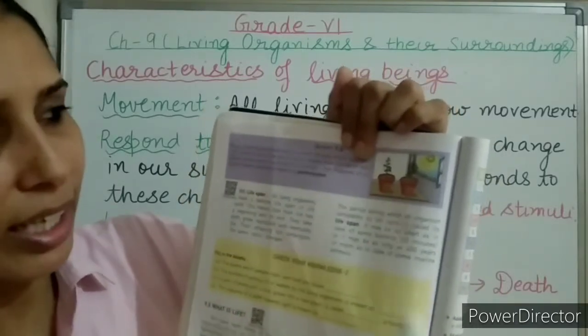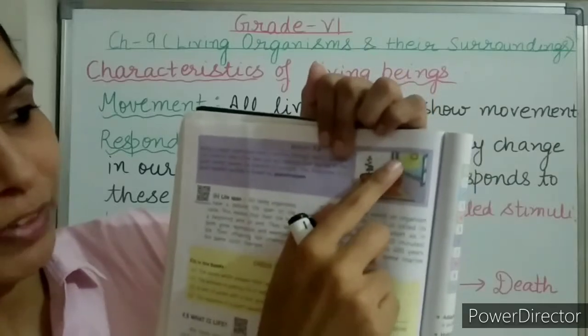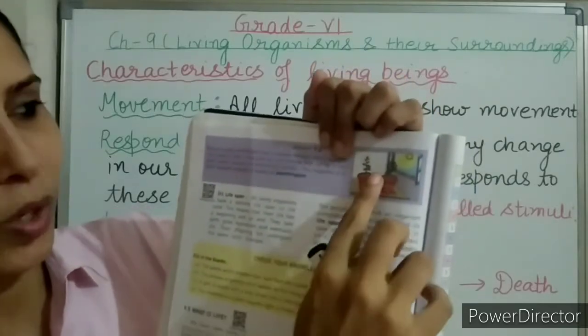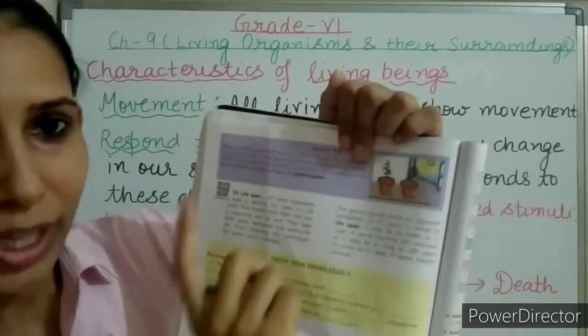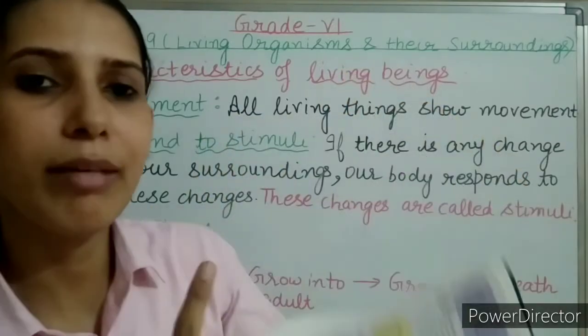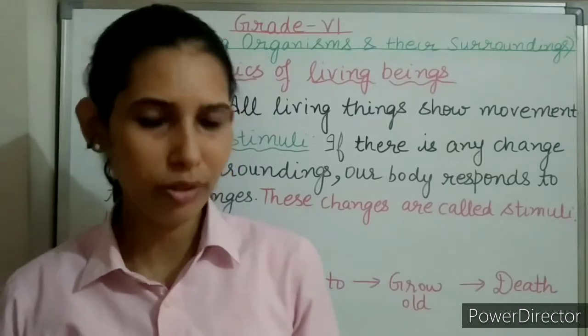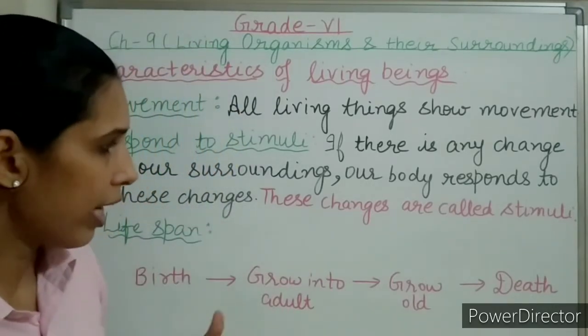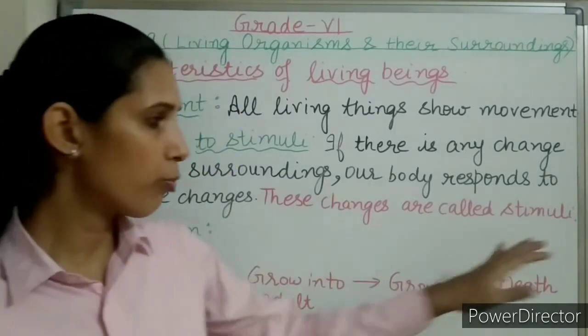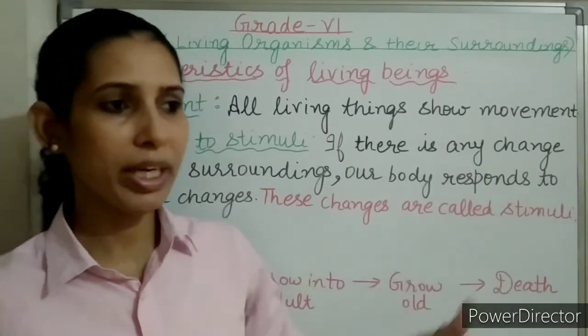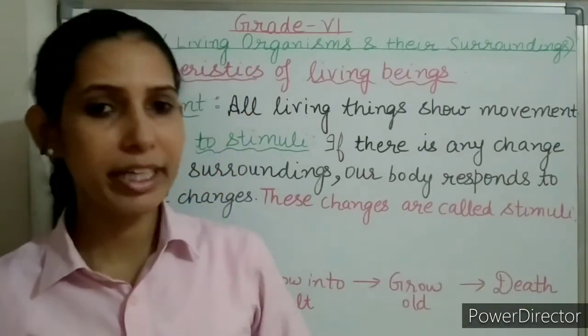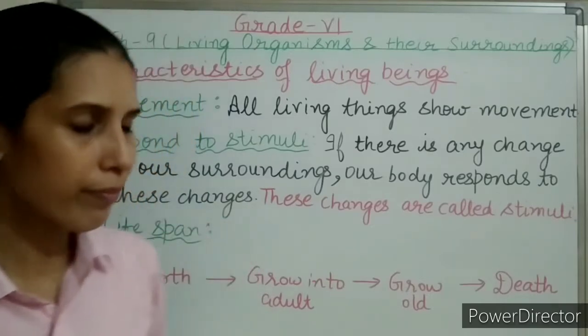You will notice that after a few days, the stem of this plant has bent towards the sunlight. This response of the stem of the plants towards sunlight is known as phototropism. So we saw that all living organisms respond to stimuli. It may be temperature, light, touch, etc.